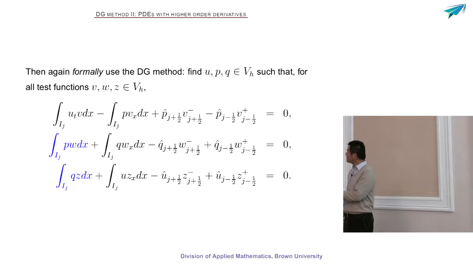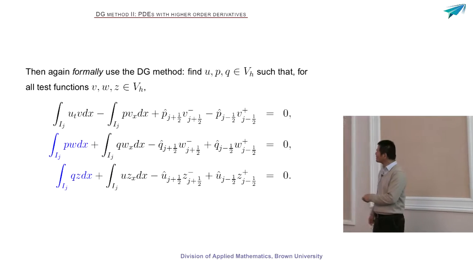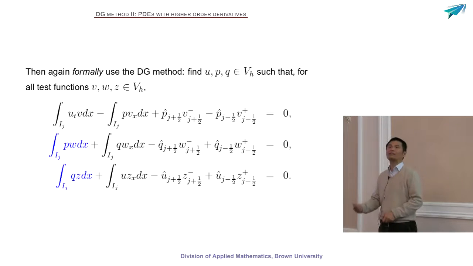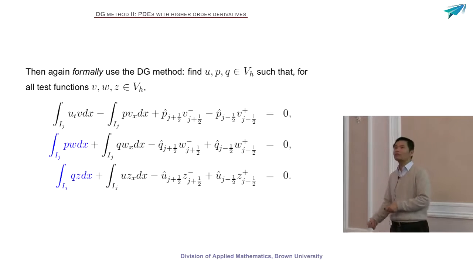With three, you run out of letters very quickly. Then you just multiply and do the usual DG. You treat the first derivative the same way as you treated it when you were doing hyperbolic equations. All these hats are numerical fluxes that I have to explain how to choose.